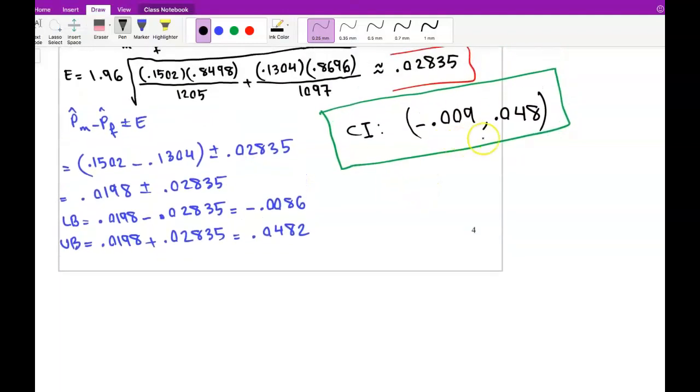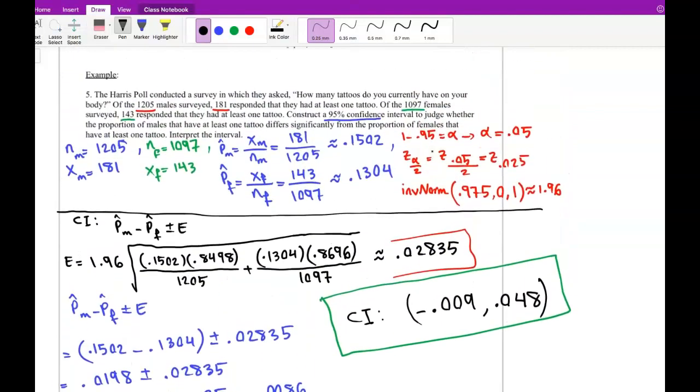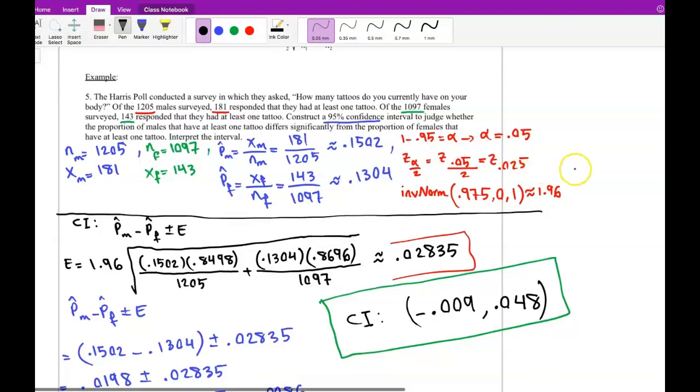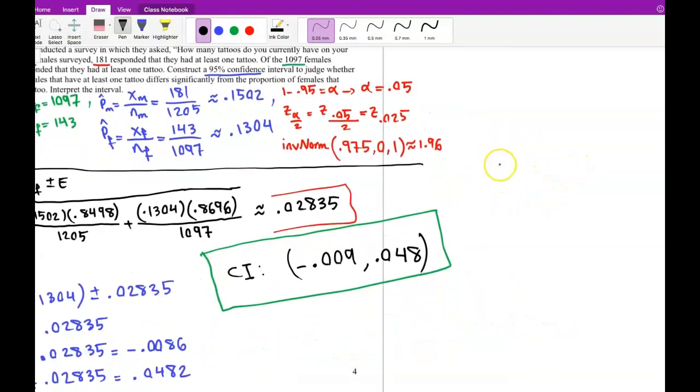Okay, now based on what the interval is, I want to see what the conclusion is, if we are rejecting the null or not. So first, let me explain what the null and alternative were for this part. It didn't ask us to find it, but I'm just writing it.